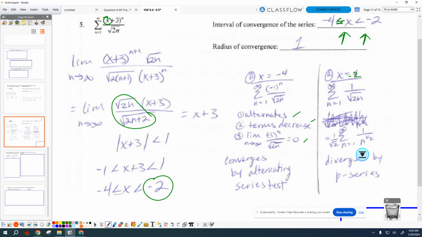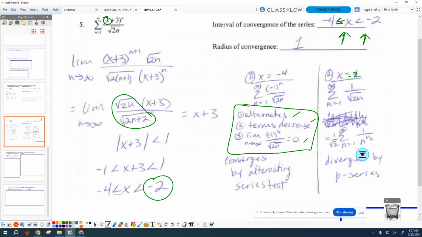In that part, the alternating series test, if all three of these things are true, that is a special exception that will make the p-series suddenly work because you're overcorrecting. I'm too far this way, and I counteract it by going too far to the left, a little bit less to the right, a little bit. If you're bouncing back and getting closer and closer to your answer, then it's going to converge.